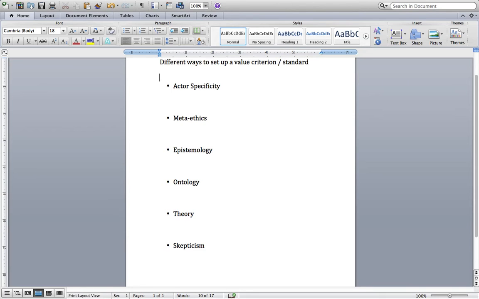So usually, most justifications for the value criterion in contemporary LD debate will appeal to one of these 6 big picture reasons to prefer the value criterion. Now, obviously, this is not comprehensive. There will be a 7th and an 8th and a 9th. But this is, in my experience, the most popular ways people will go about justifying the value criterion.